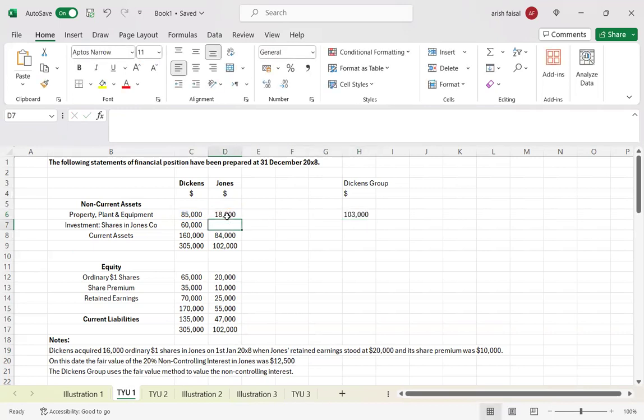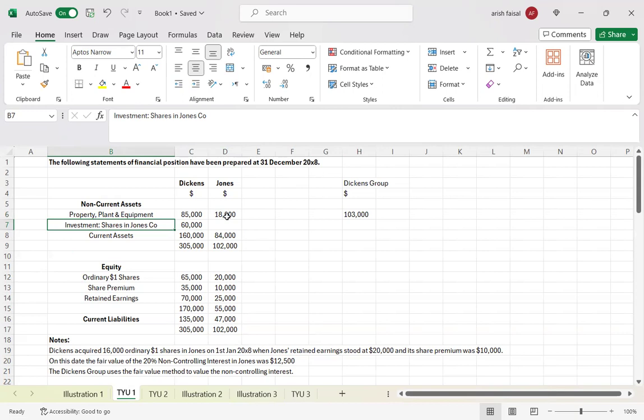But as far as the investment in shares is concerned, when you're preparing a consolidated statement of financial position for a group, you represent parent and subsidiary as one company, right? So in that case, you cannot show an investment within yourself.